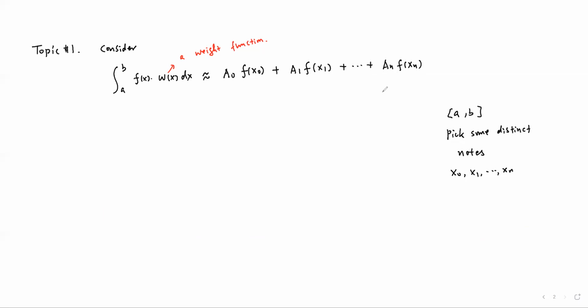How to determine the coefficients? I want this approximation to be exact for polynomials of degree.